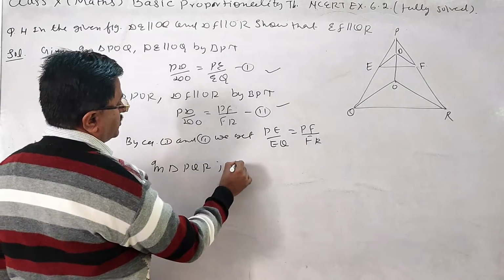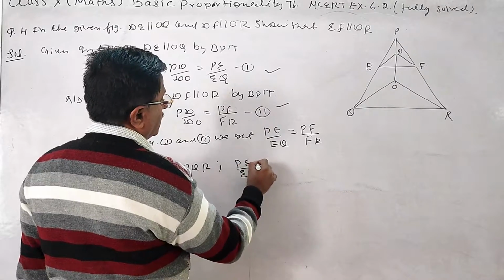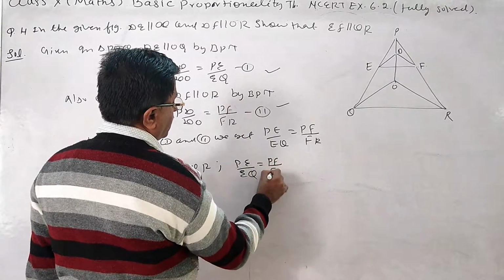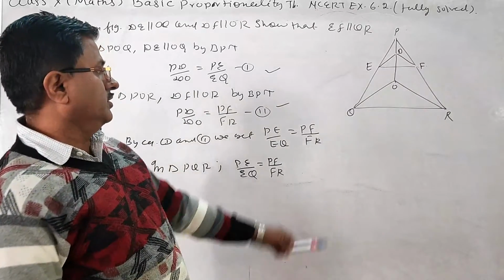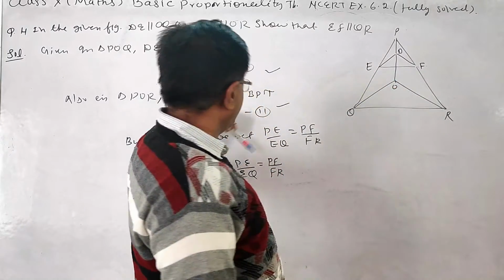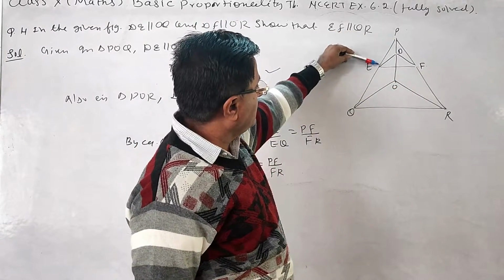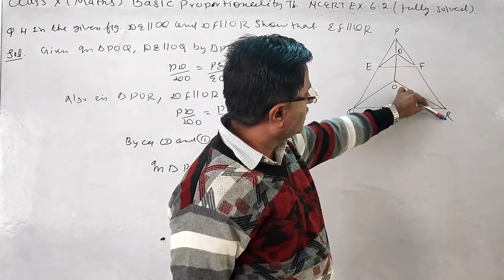PQR, as we proved that PE upon EQ is equal to PF upon FR. See dear student, very carefully, in the triangle PQR we are saying that PE upon EQ equal to PF upon FR.